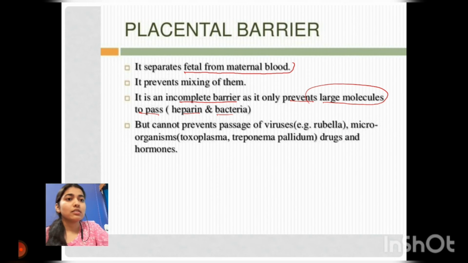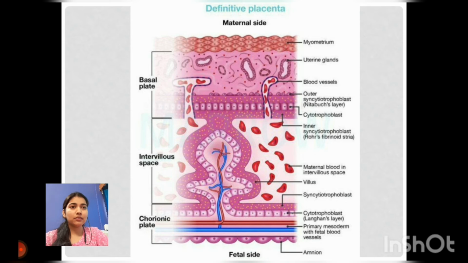Now the definitive placenta, maternal and fetal side. This diagram is very important. This is the myometrium and endometrium having uterine glands. Uterine glands have non-ciliated columnar epithelium, discussed in the previous video, while over the whole endometrium there is ciliated columnar epithelium.